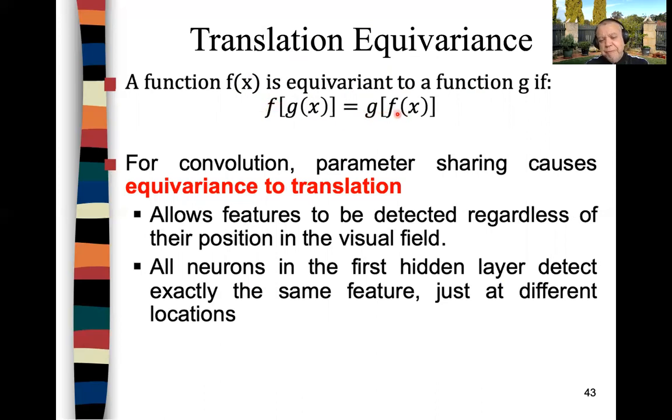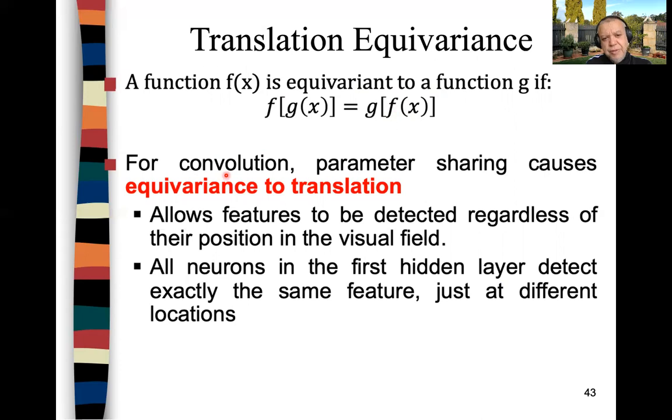For example, if you have an object and you rotate it, that's the first function, and then you translate it, it's the same thing as if you take that input object, translate it, and then rotate it. So they're equivariant. You can say that translation and rotation are equivariant functions.